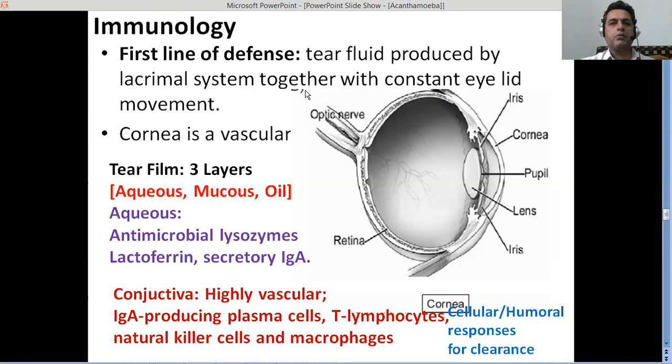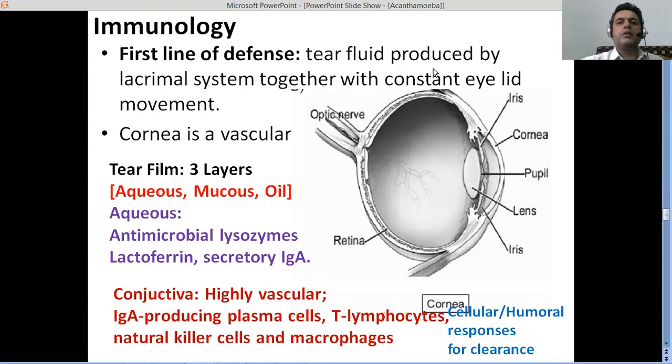This blinking movement is not only sequestering these lacrimal secretions or the tear fluid in your eye in order to wash out different pathogens, it is a kind of protective mechanism for your eye.